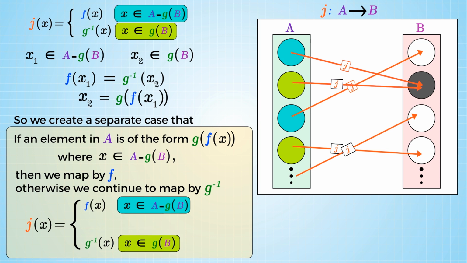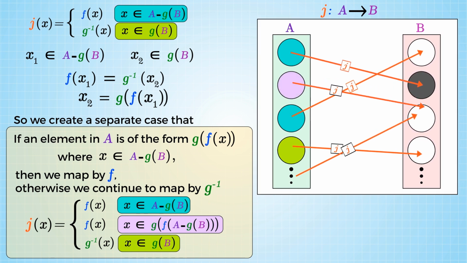So J(x) equals F(x) if x is in A minus G(B), J(x) equals F(x) if x is in G(F(A minus G(B))), and it's equal to G inverse of x otherwise.